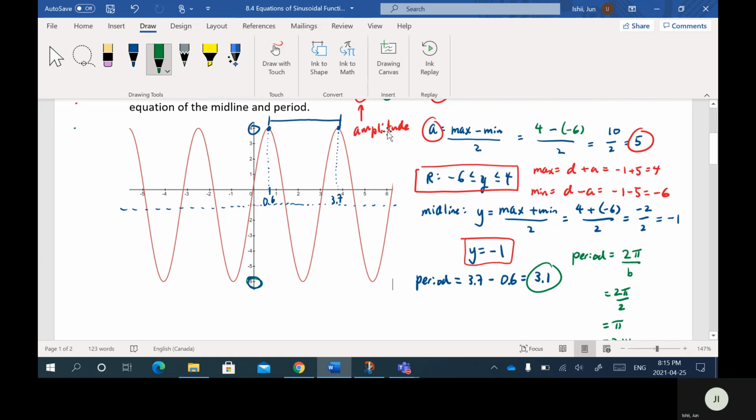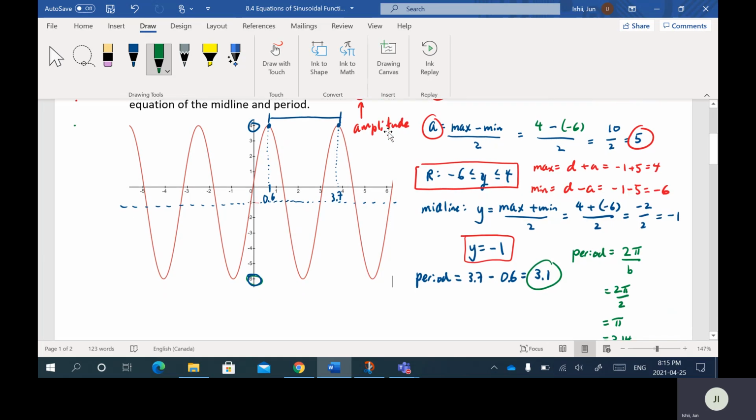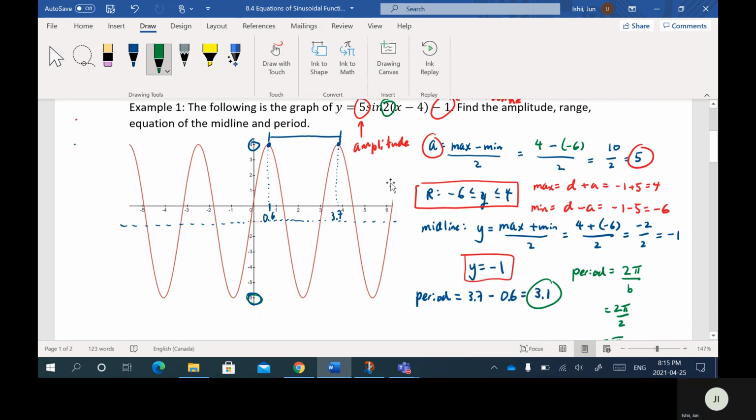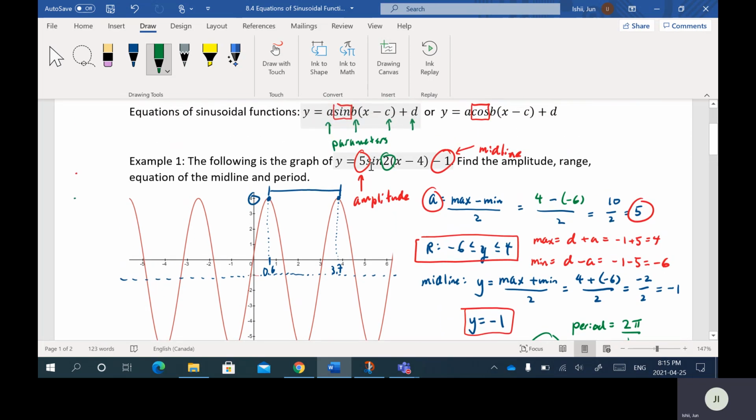All right, cool. So from the equation itself, we can find these 4 things as well. Now you might be wondering, what about the -4 here, which I'll highlight? What about this thing here? It does affect the graph, but for the context of this course, we don't really need to focus on it at all.